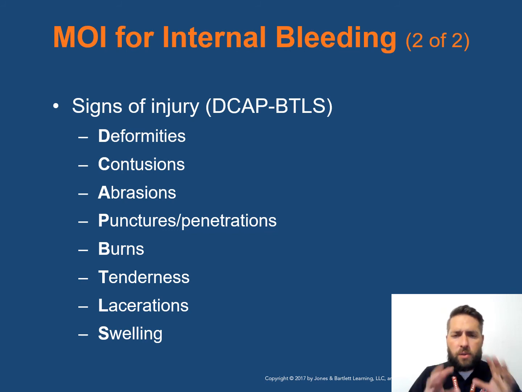These are the things that we are looking for whenever we do our head-to-toe exam. The swelling, especially, and burns, it's more particular towards actual physical burns, but this still needs to be applied regardless when we start doing our head-to-toe exams.